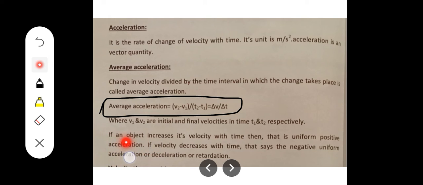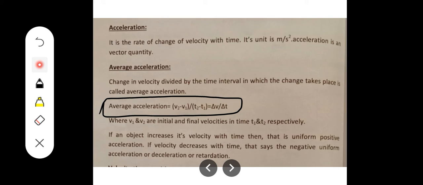Suppose an object increases its velocity with time uniformly, that is what you call uniform positive acceleration. And if velocity decreases with time, it is uniform negative acceleration. We have other names for that also: deceleration or retardation.